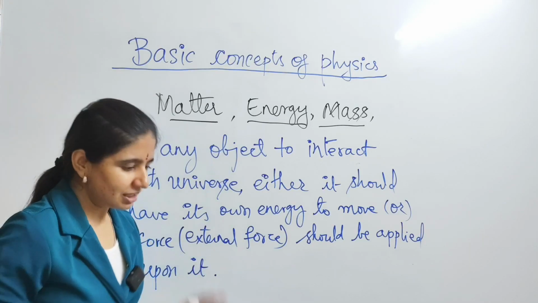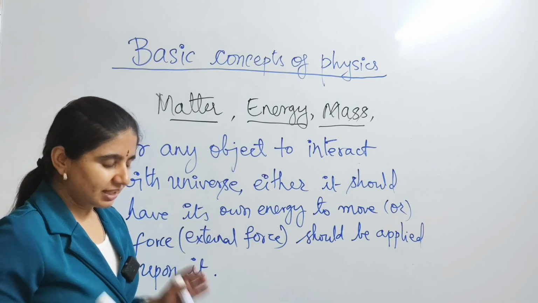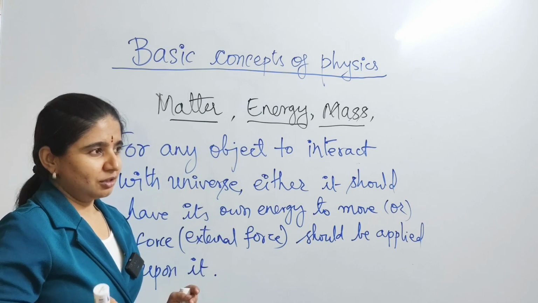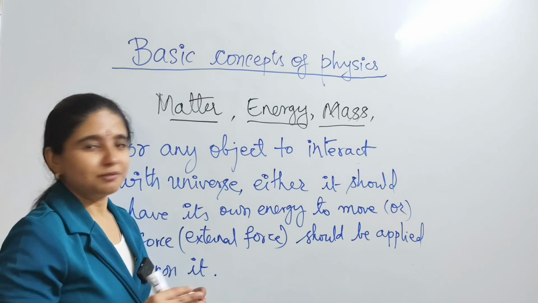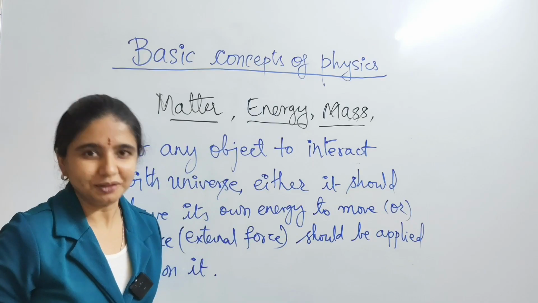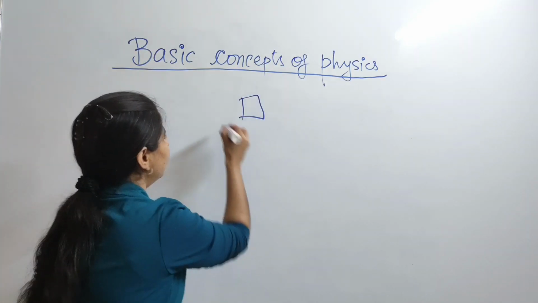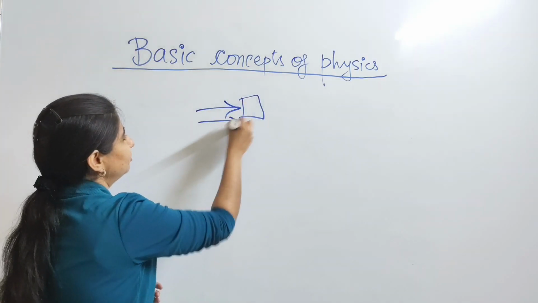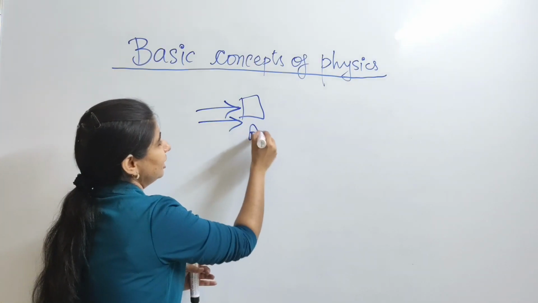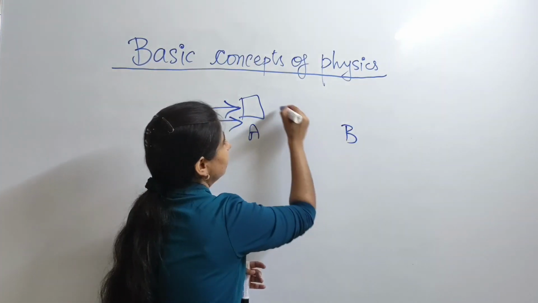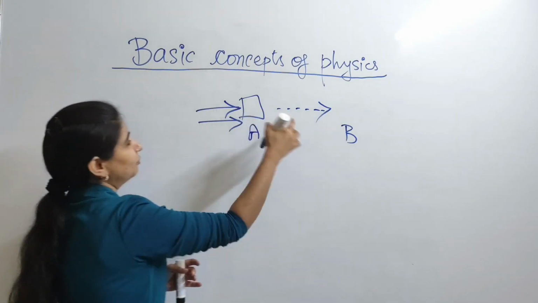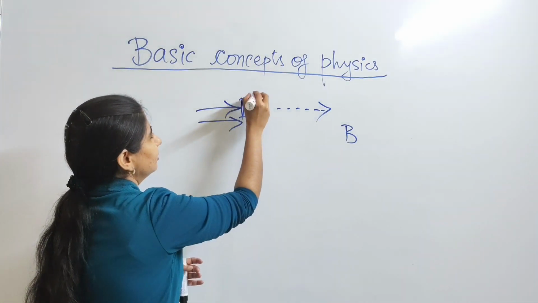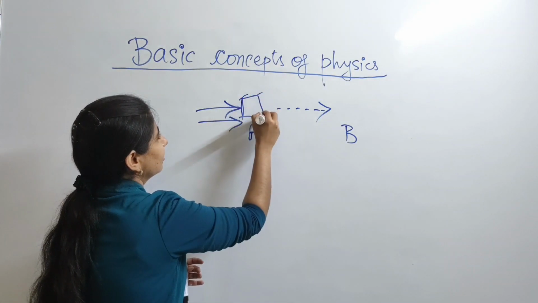So now we understand what we get by the movement of an object interacting with the universe. This is an object, and you are applying external force on it to move from position A to position B. I think this object is a book.